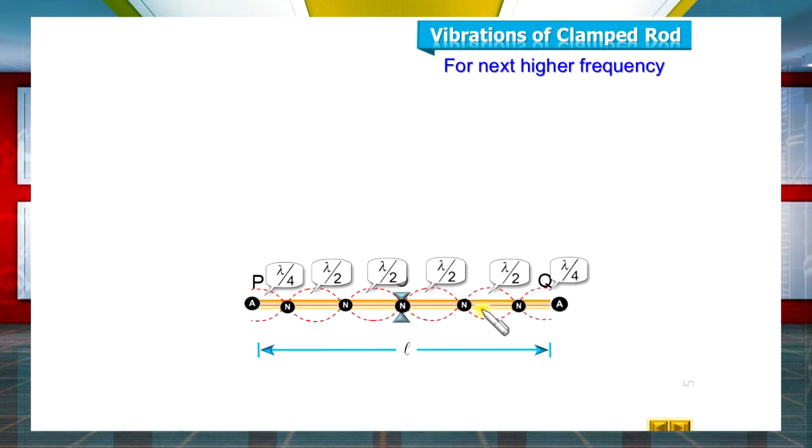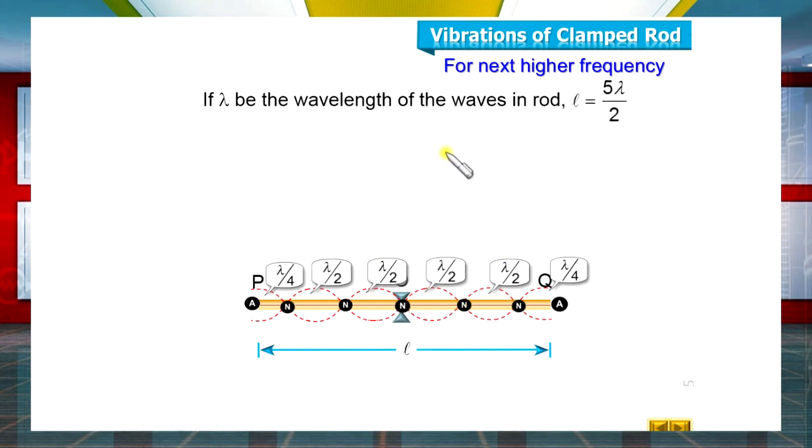So 2 lambda plus lambda by 2, so it is equal to 5 lambda by 2. So for the wavelength for this type of oscillation, L is equal to 5 lambda divided by 2. So we can write lambda equal to 2L divided by 5. So we got the wavelength of oscillation for this type of frequency.